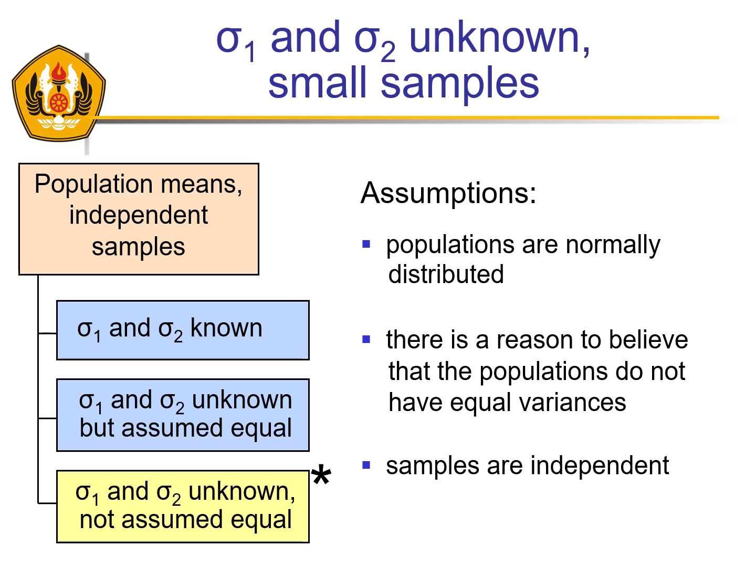The second is that there is a reason to believe that the populations do not have equal variances. This is also an assumption, because we do not actually know the value of the variance, so we just assume that these two variances are not equal. The last assumption is that samples are independent, just like before.